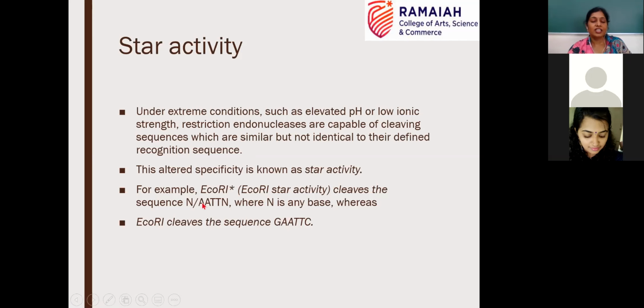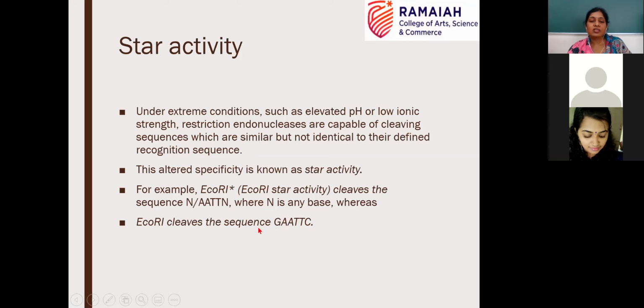Examples are given here. EcoRI star, that means the star activity of EcoRI. When it has the star activity, it cleaves the sequence NAATTN, where N could be any base, whereas its regular recognition sequence is GAATTC.